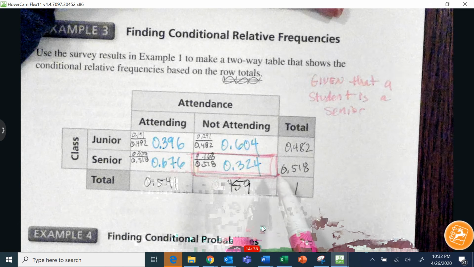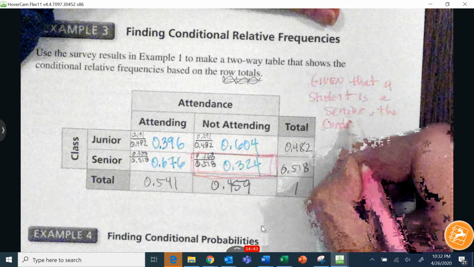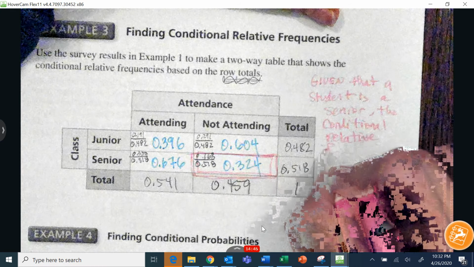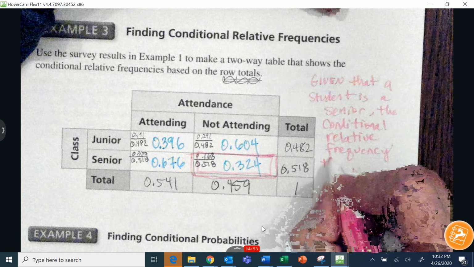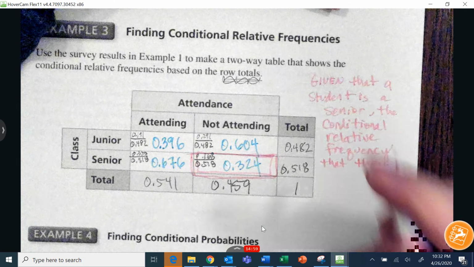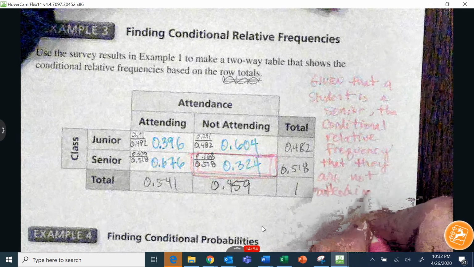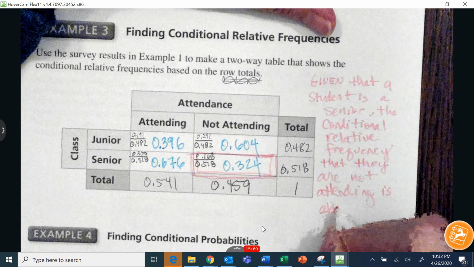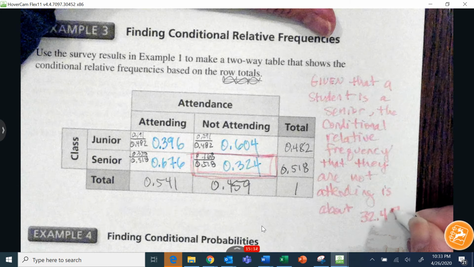So given that a student is a senior, the conditional relative frequency that they are not attending is about 32.4%.